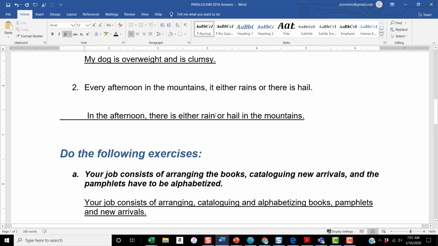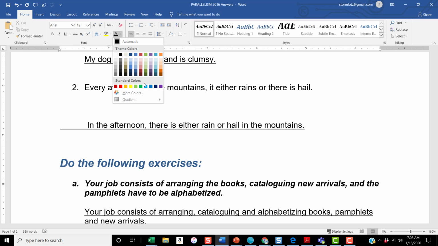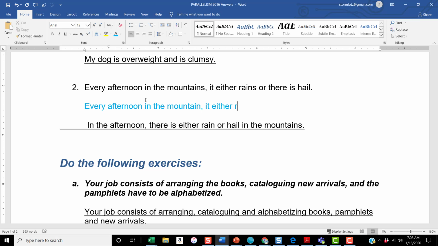In the afternoon, there's either rain or... I would leave this first part the way it is, and I would say, it either rains or hails. Don't try to complicate what's there.